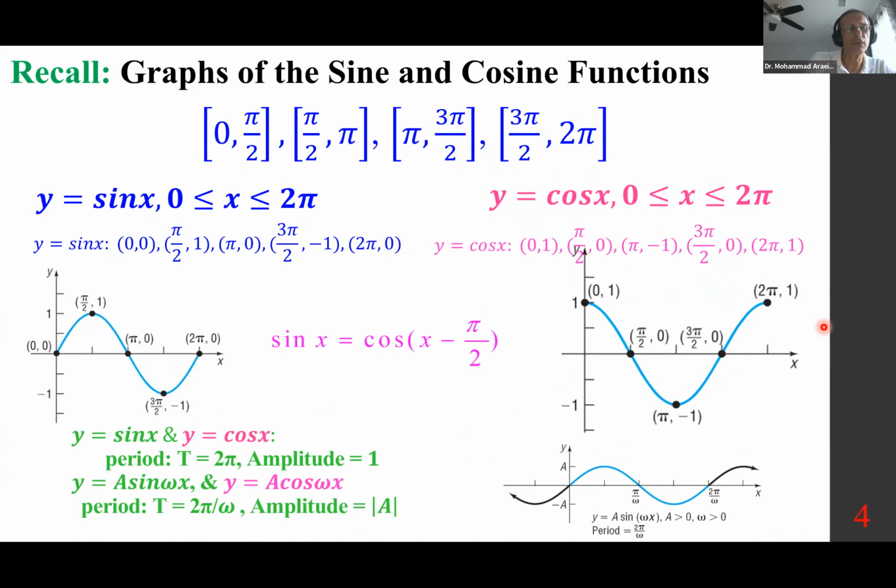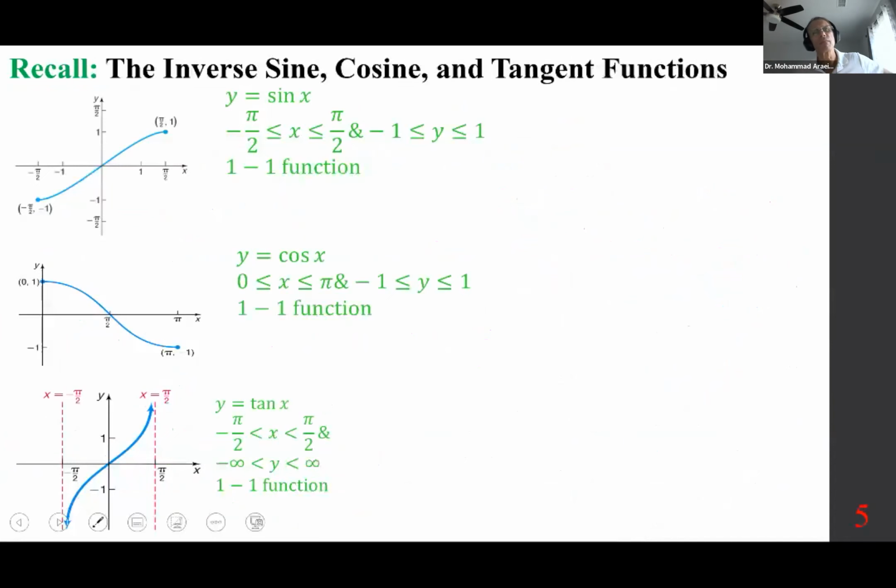And if we have a general format of a sine omega x or a cosine omega x, the period is 2 pi over omega, and the amplitude is a. The inverse sine, cosine, tangent function.